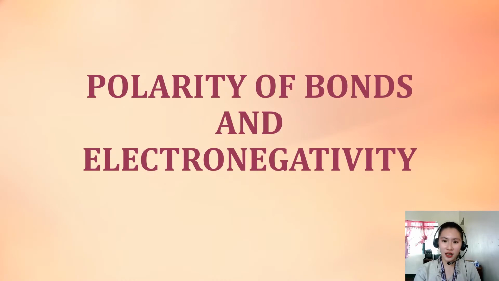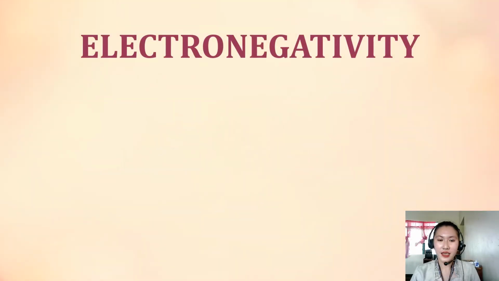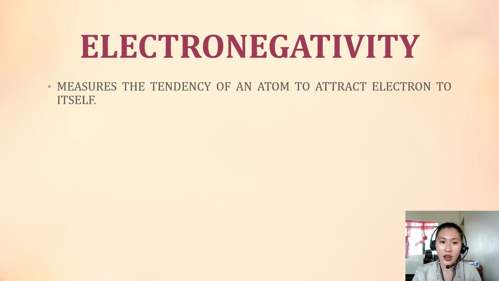First, let us discuss about the polarity of bonds and electronegativity. Okay, so first, let us discuss what is electronegativity. So I have already introduced to you this topic right from the periodic trends. So one of those trends is the electronegativity. And again, electronegativity is the measure of the tendency of an atom to attract electron to itself.